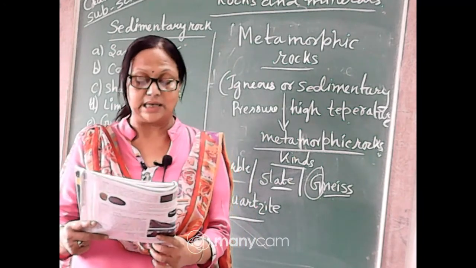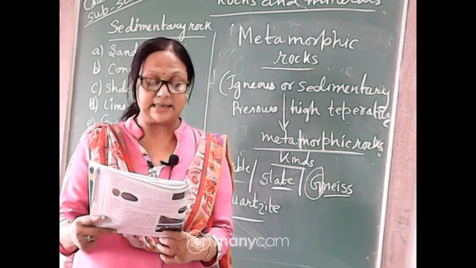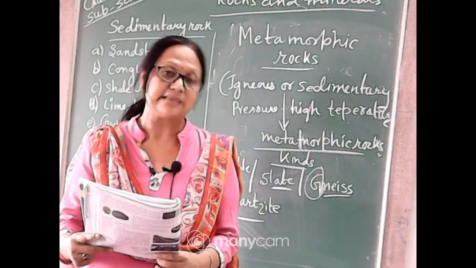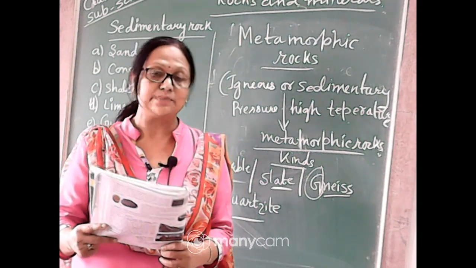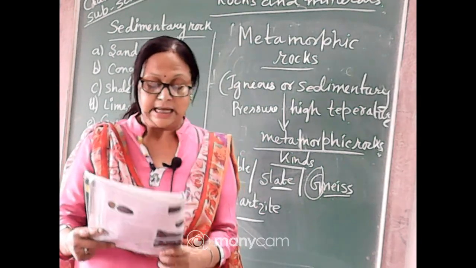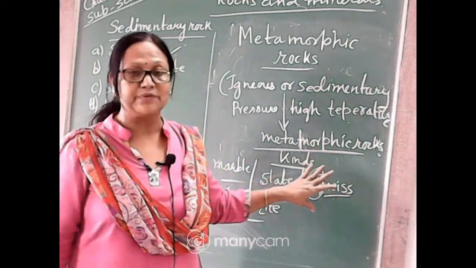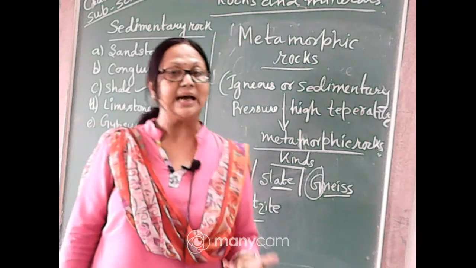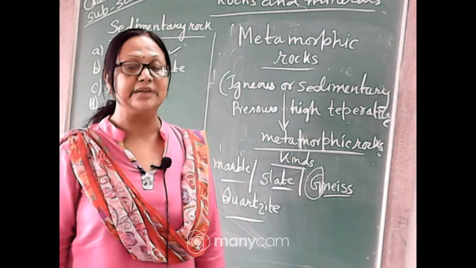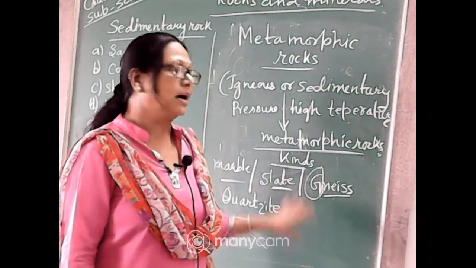When igneous or sedimentary rocks are subjected to immense heat or pressure inside the earth, the mineral content of these rocks changes. As the mineral content changes, that means the chemical composition changes, and they form a new type of substance. These changed rocks are known as metamorphic rock. So initially all metamorphic rocks were maybe sedimentary rocks or igneous rocks, and due to the change of their mineral composition, they form a new chemical composition to become metamorphic rock.